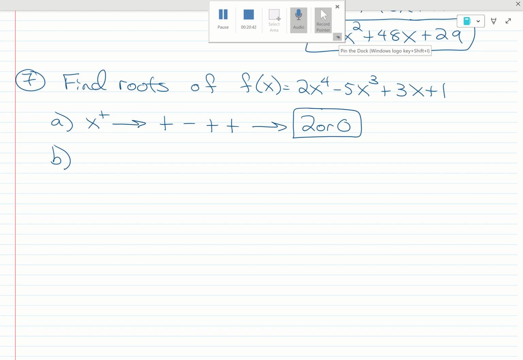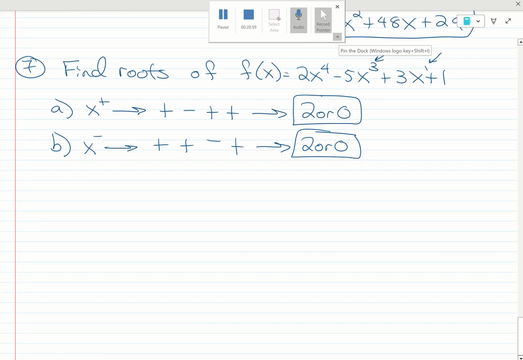For the negative roots, we change the signs of the odd powers of x. So we have a positive, positive, negative, positive. So this is also 2 or 0. Remember, we change the signs of the odd powers of x.